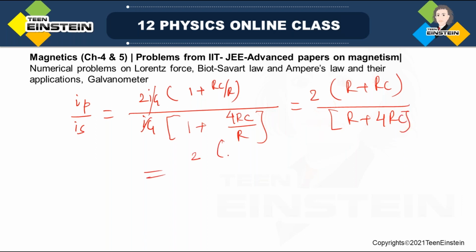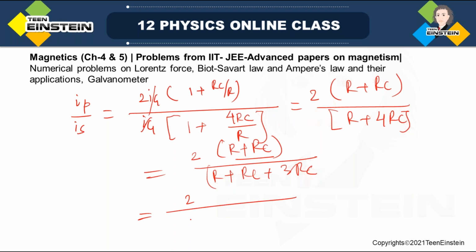So now we'll do the same fashion what we had done earlier, R plus RC divided by R plus RC plus 3RC, right? So if we just divide with this, we'll get 2, and here we'll get 1 plus 3RC by R plus RC.